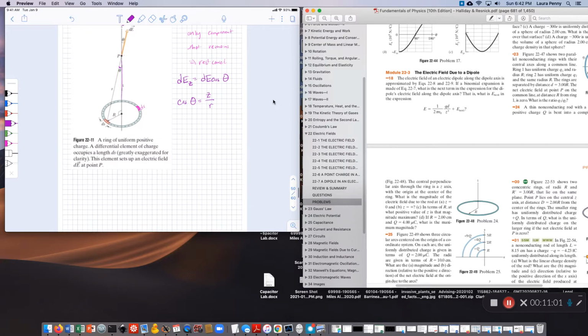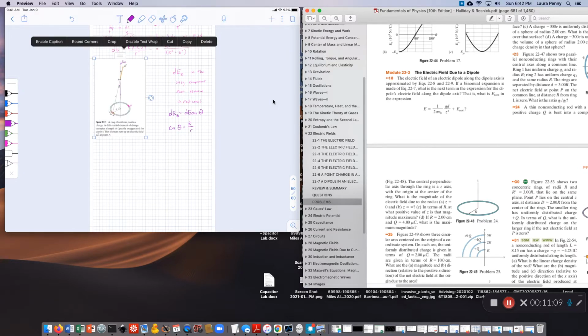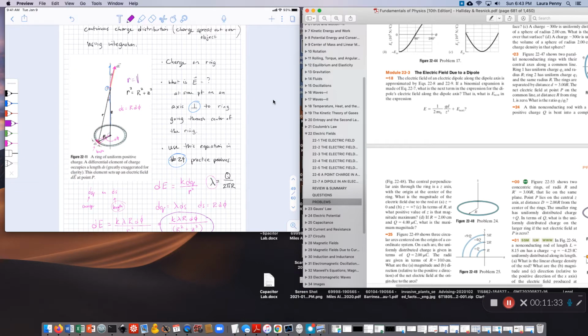So I can take my equation up here for dE, and I'm going to make this a little smaller now. I can write that dEz is my equation for dE, k lambda R, but now I'm going to put in a z d phi. And then remember that little r is the square root of R squared plus z squared.